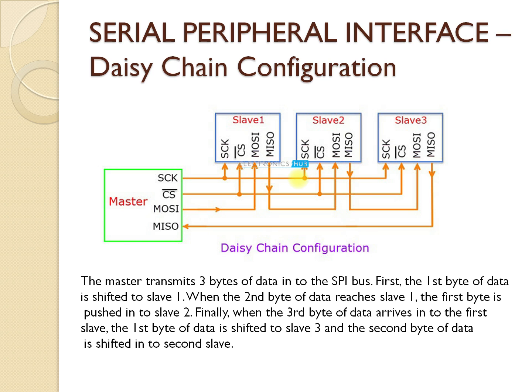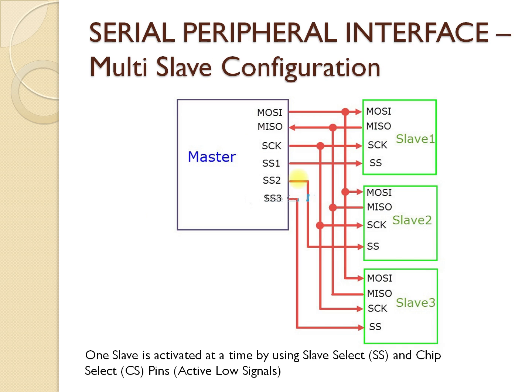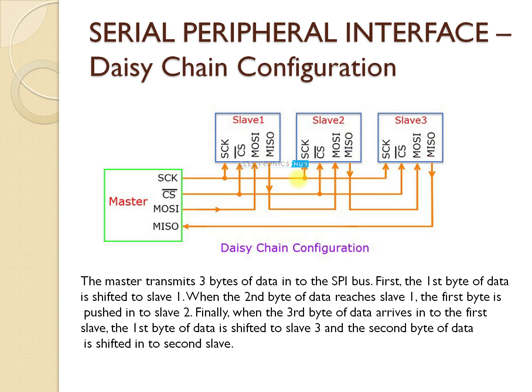The next configuration is going to be the daisy chain configuration. The main difference between the multi-slave configuration and the daisy chain configuration is that the master need not have any chip select pin as far as the number of slaves is concerned.